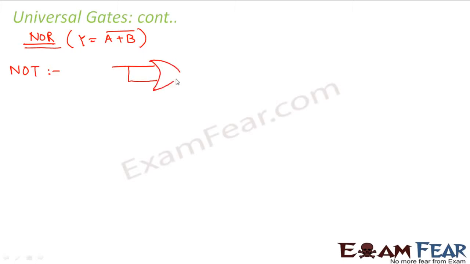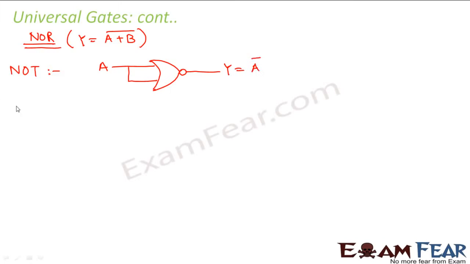Similarly, let us look at the NOR gates. What is a NOR gate? It is Y is equal to (A plus B) bar. Here also let us see how it acts as a NOT gate. For the NOT gate, the same funda. Instead of 2 inputs, if you make only 1 input pass through it, what will be your output? It would be A bar.